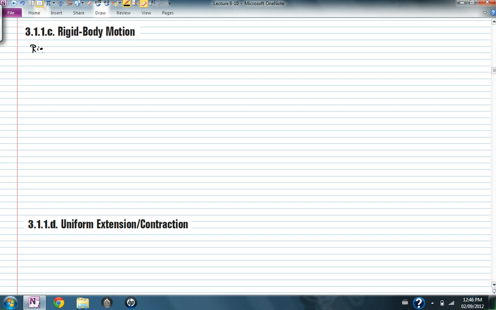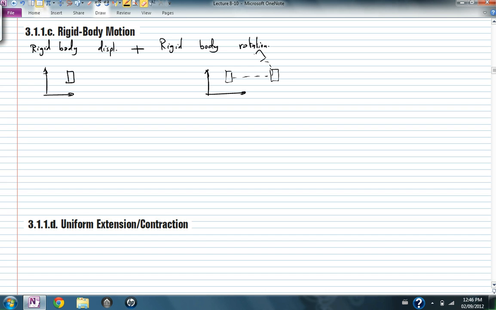So this is rigid body displacement plus rigid body rotation, which means I have an object here that did both translate and then rotate, and so this is C and this is rotation.